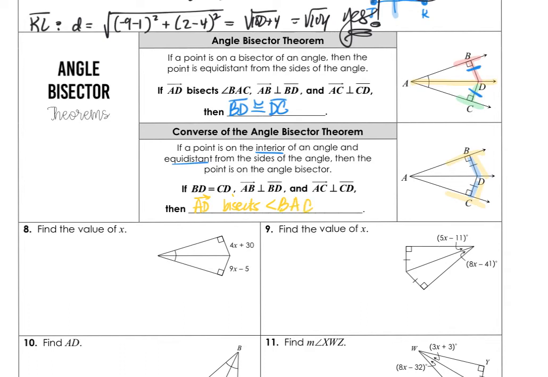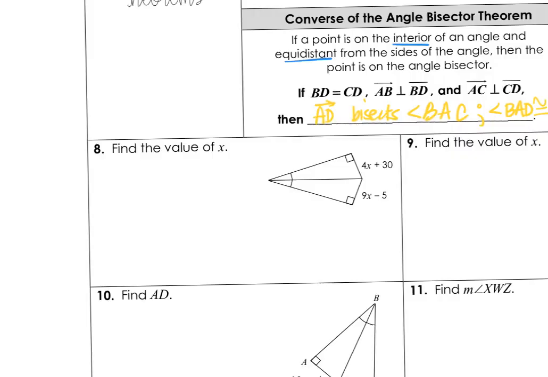We can also conclude further that angle BAD is congruent to angle DAC. Since this ray is an angle bisector, then these angles must be congruent. So first we can conclude that AD is the angle bisector, which then further leads us to say that the angles are congruent. So very straightforward and basic example here.